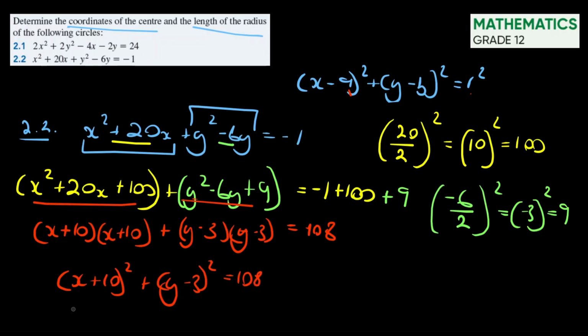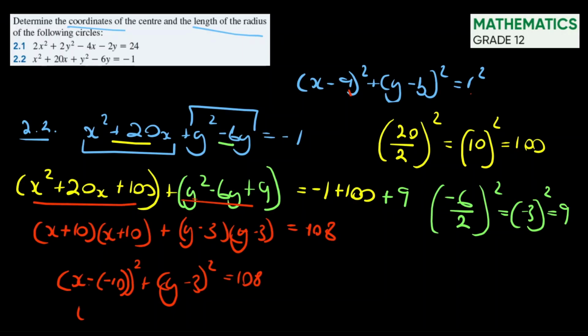108, which means our circle center will be, since this is positive, an important point to make. Since this is positive, we need to remember that for it to be positive, what had to happen is it's minus 10 squared.